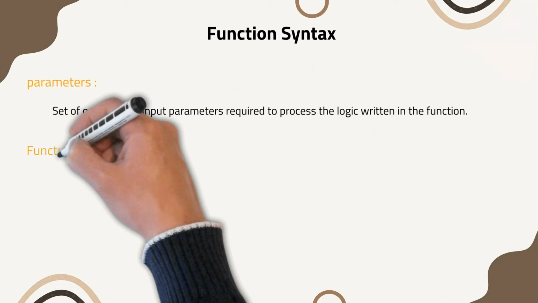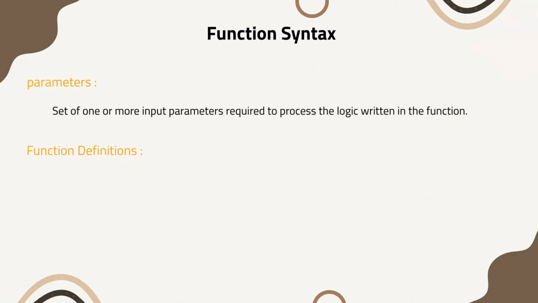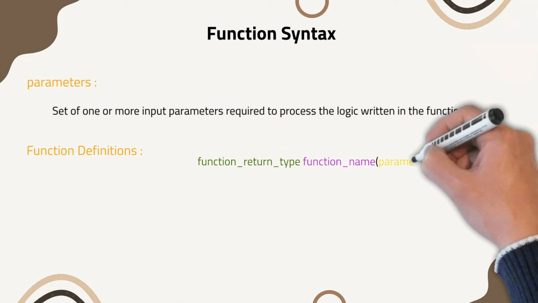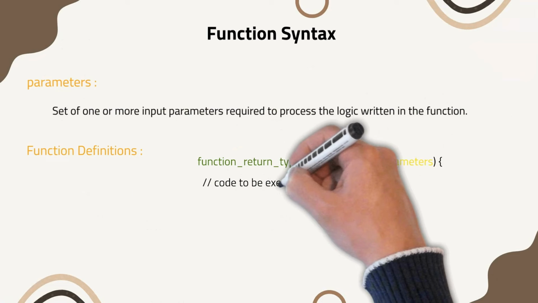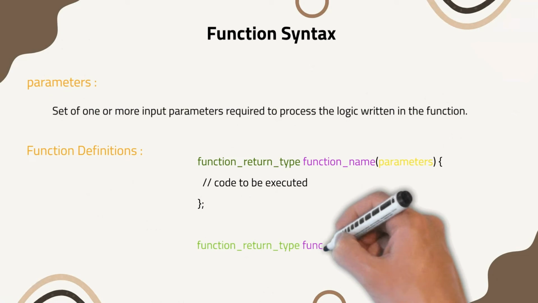Function definitions are similar to the function declaration that we had seen in the previous slide. The function definition begins with the return type, followed by the name of the function, followed by optional parameters, and the code to be executed in curly braces.